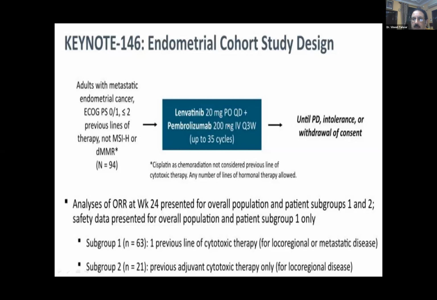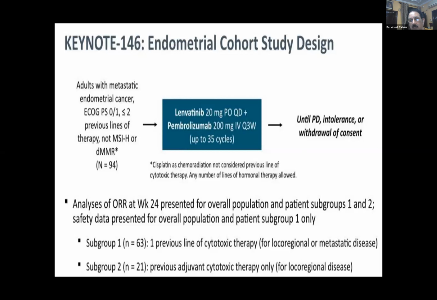So 200 milligram of pembrolizumab with 20 milligram of lenvatinib were given to these patients until progression or intolerance. And these were basically divided into 2 groups. Subgroup 1 was the one which had metastatic or advanced disease. Subgroup 2 were the ones which had local disease or loco-regional disease.